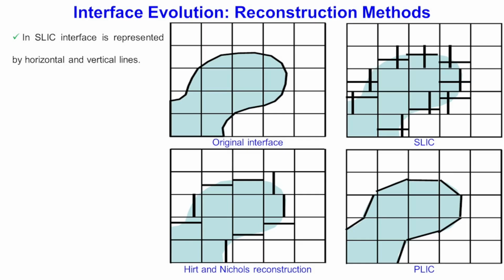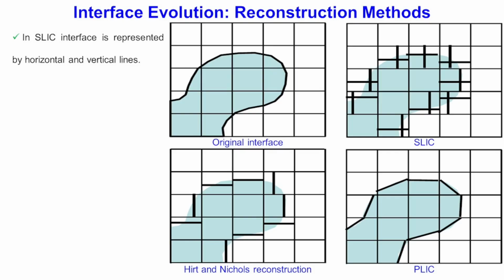In reality your interface is a smooth curve, but whenever we geometrically reconstruct it, it will not be a smooth curve. It will have some broken lines between the different grid cells. And if our grid size is small enough, then we can get a good approximation of the actual profile of the interface.